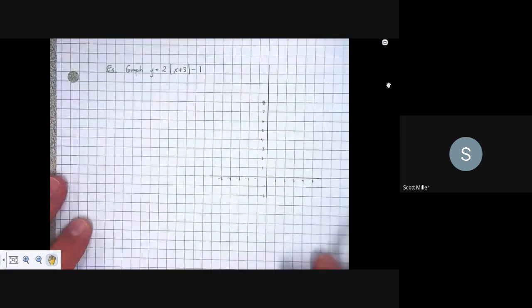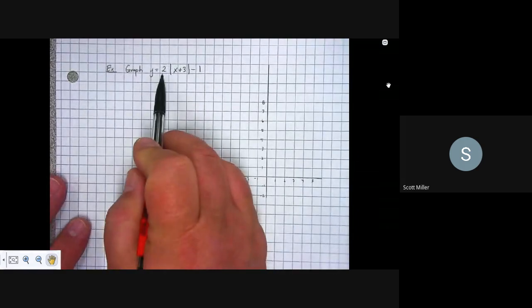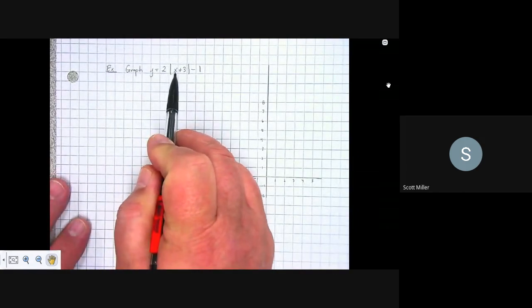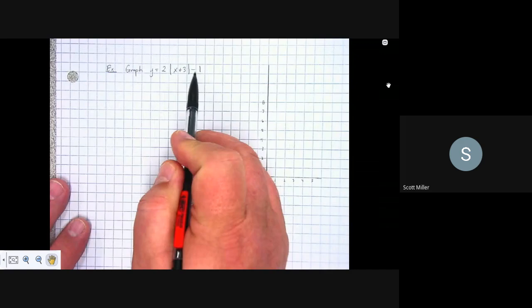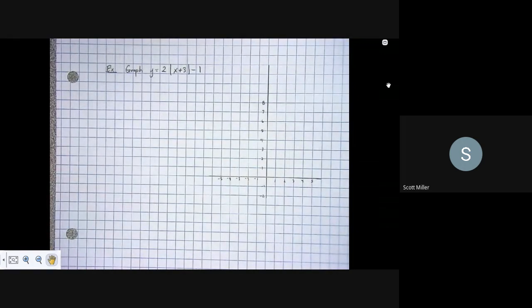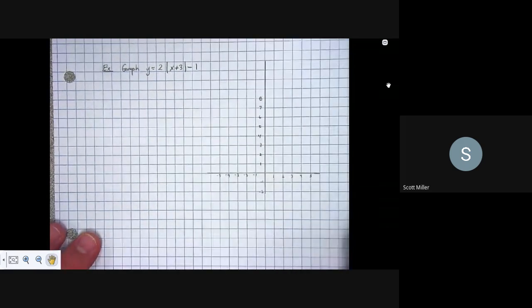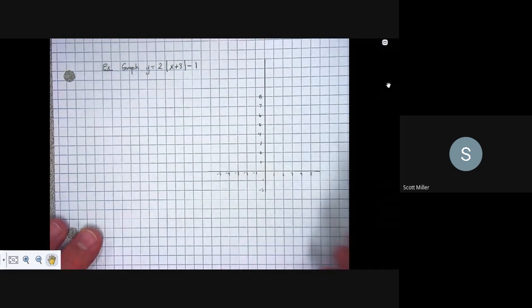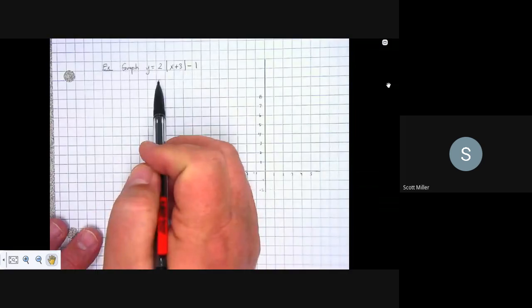Okay, so let's do an example of that. I have one set up right here. We're going to graph y equals 2 times the absolute value of x plus 3, then minus 1. So our first step here is to find the vertex. So where would the vertex be? The same process we used for the quadratic equation in vertex form is the same process we do here.